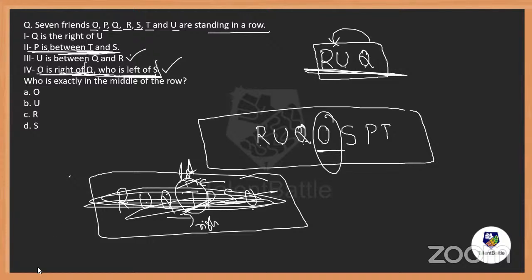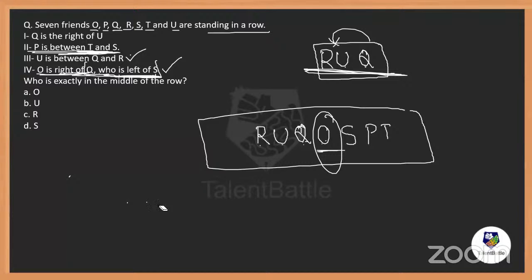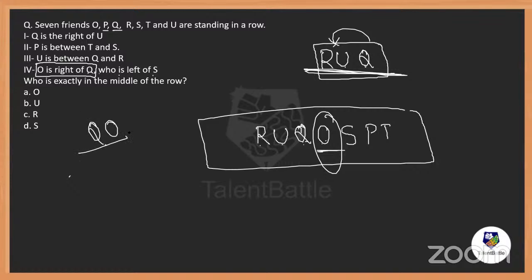Okay, actually, in most of the cases there might be one or two more arrangements possible because they did not say the exact left and right. So, in most of the cases, first take this kind of terms. If they say O is to the right of Q, most probably assume like this. If this is not going to happen, then only assume after 2 to 3 positions. First try to assume like this only, then check for any other cases.